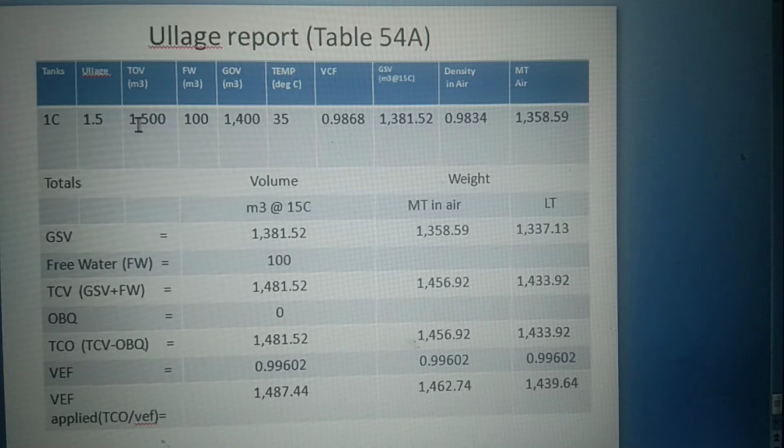In the next column we have free water. For example, we found free water in our cargoes of approximately 100 cubic meters.